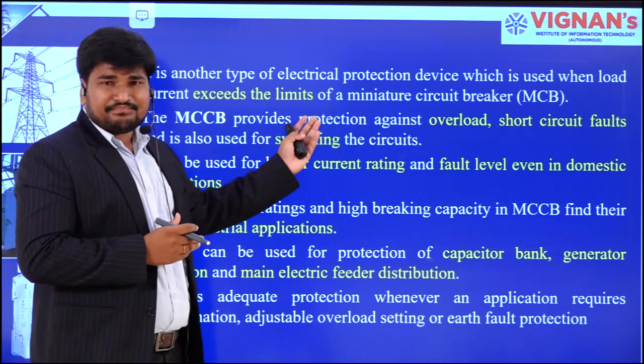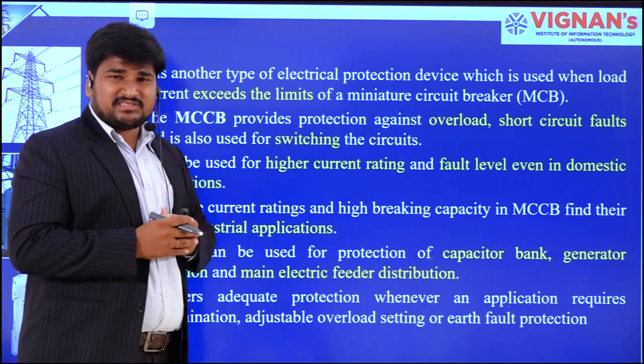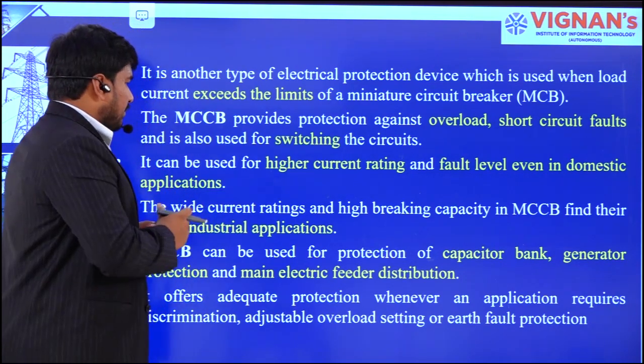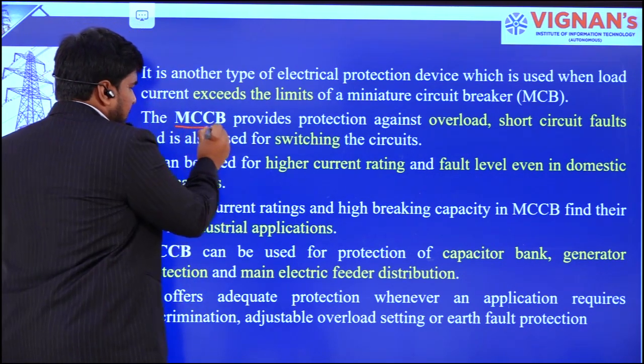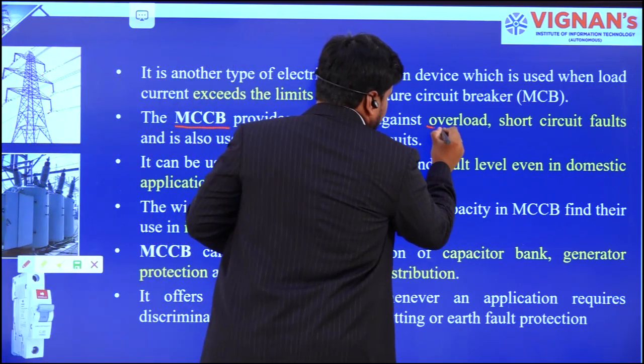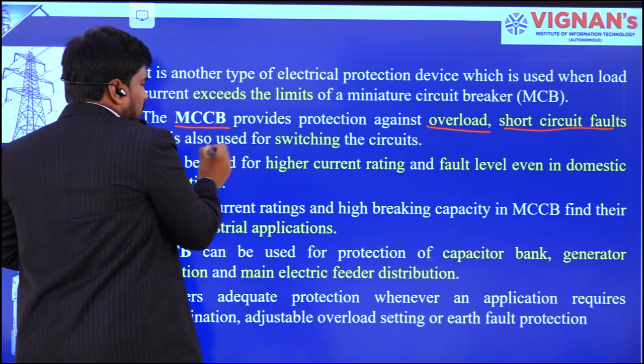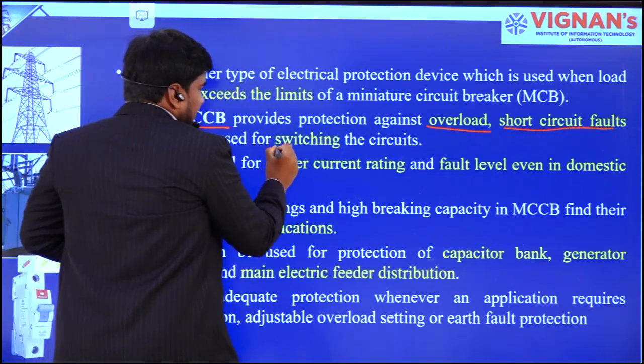So that is the principle of MCB as well as MCCB. MCCB will give protection against overload, short circuit faults, and also it can be useful for switching as well.